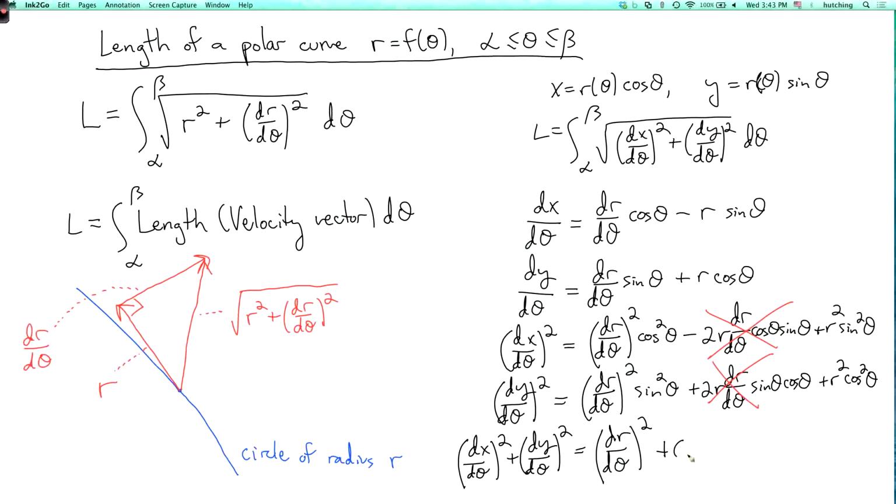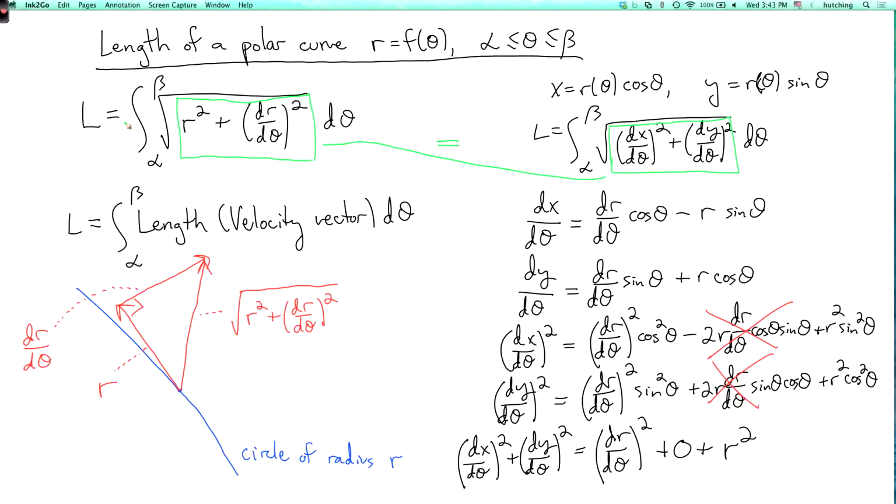And so that's 0, and then the third pair of terms gives me r squared. So (dx/d theta) squared plus (dy/d theta) squared is actually equal to r squared plus (dr/d theta) squared. So that proves that this formula gives this formula, which is what I wanted to prove.